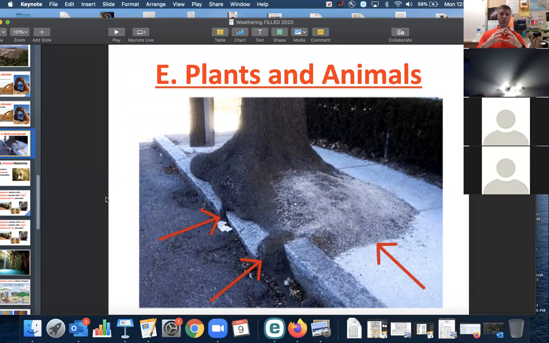And then as that tree root's growing, it's getting bigger and bigger, and it pushes all the material above it up because it's growing. So it's going to push up the sidewalk or one piece or something like that. So if you've ever seen that, or maybe not, but that's typically the cause for something like that. But they definitely can break apart rocks.